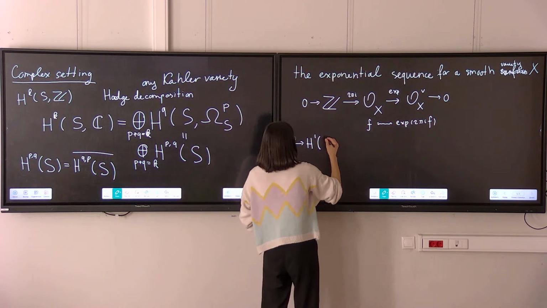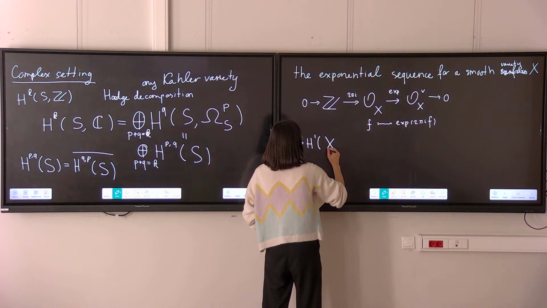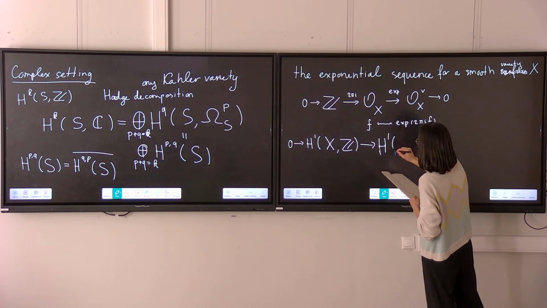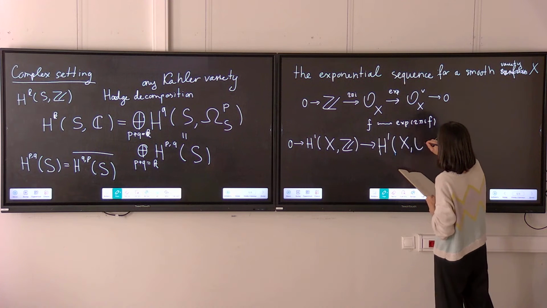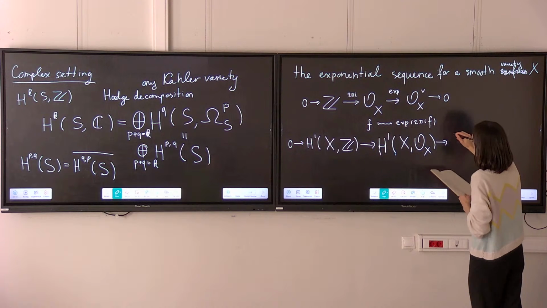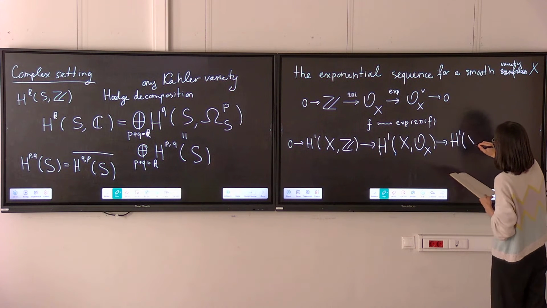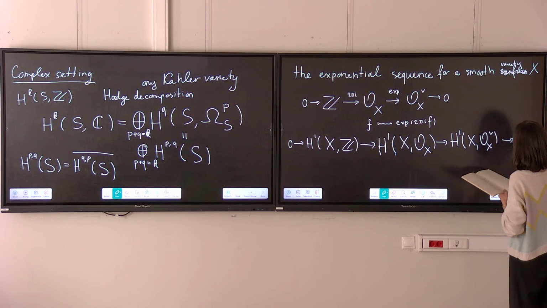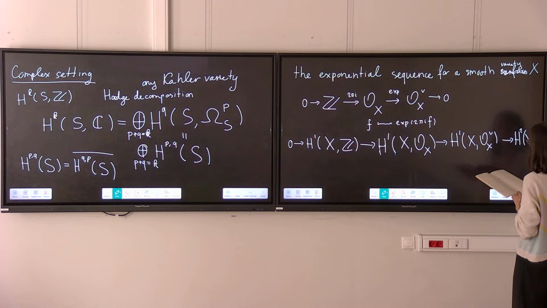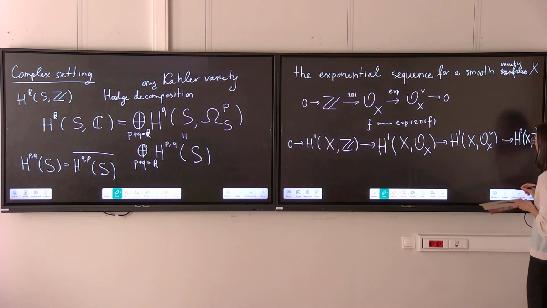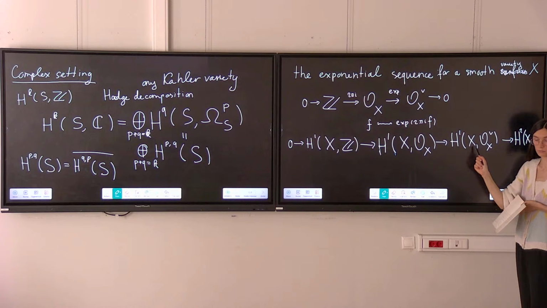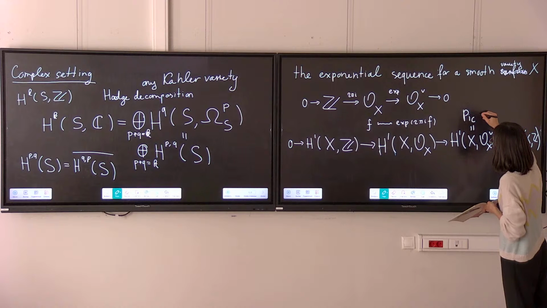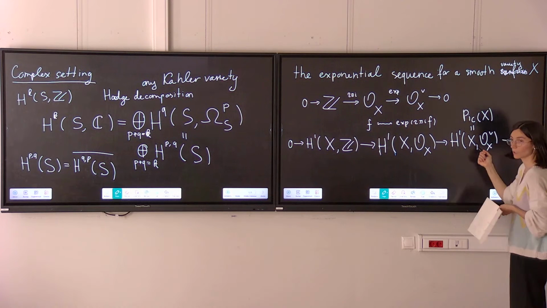So here we can write 0, and here we have H^1(X,Z) mapping to H^1(X,O), mapping to H^1(X,O^*), mapping to H^2(X,Z). And now, what is this group? Here I have the Picard group of X, always. Right? Everyone understands this?